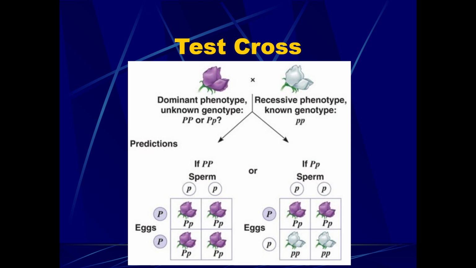If all of the offspring from the cross show the dominant trait, then your dominant organism was homozygous dominant. If your offspring only show 50% dominant, 50% recessive, then your original organism showing the dominant phenotype with an unknown genotype is actually a heterozygote. So a test cross can provide that information.